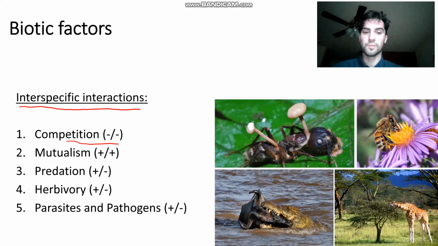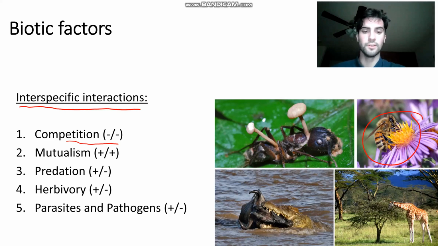Then we have mutualism, when both organisms profit, and that will be the case of the bee and flower. You can also call it symbiosis. Maybe symbiosis is a bit different from mutualism. I will explain symbiosis in a while.